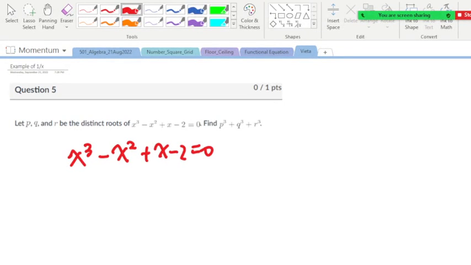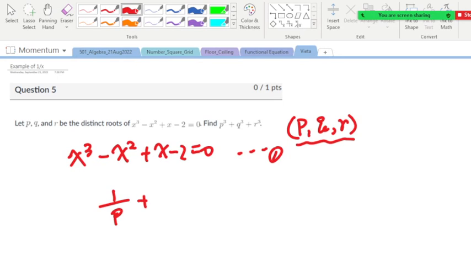My question is, if I change this problem a little bit: if p, q, r are the roots of equation 1, how are you going to calculate 1 over p plus 1 over q plus 1 over r?